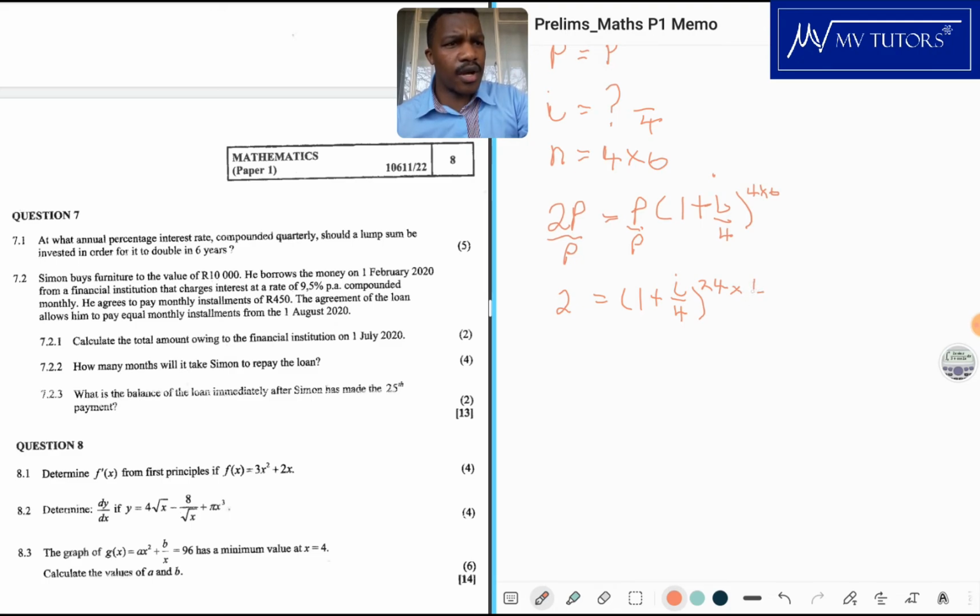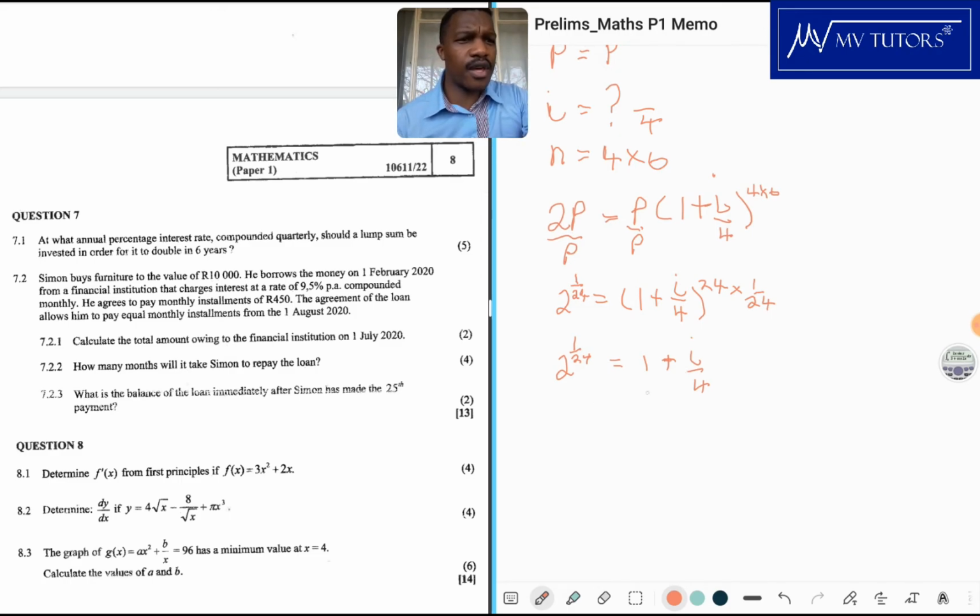It's going to be 1 over 24, and what I do on one side, I should do on the other side, 1 over 24. Now I'm going to have 2 to the exponent 1 over 24 equals 1 plus I over 4. I hope you can follow.